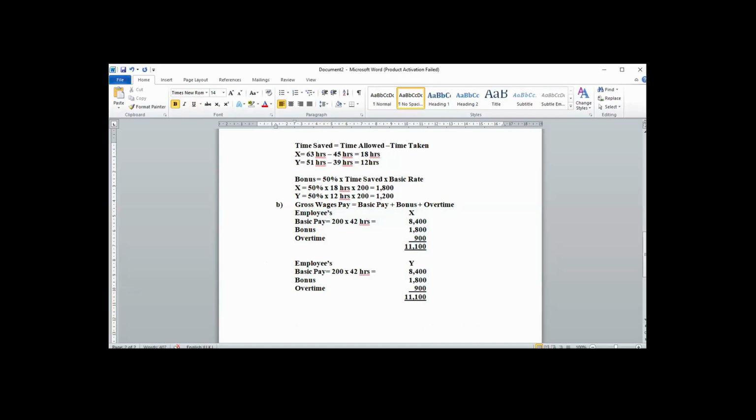We work 42 hours, that one will not change. They are paying them the same basic pay. The bonus will now change.